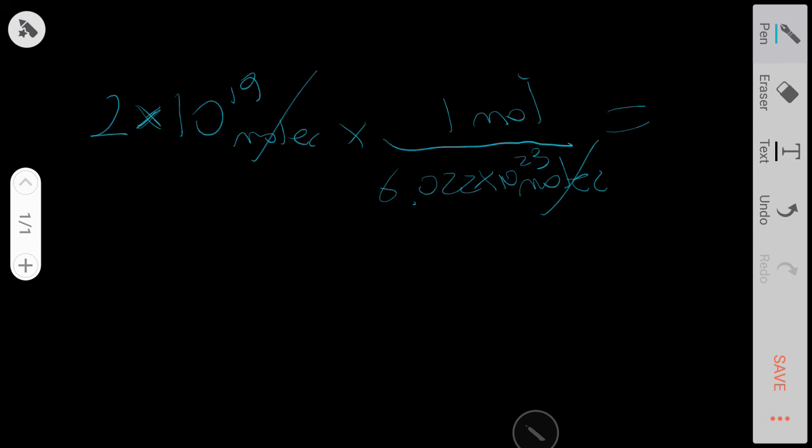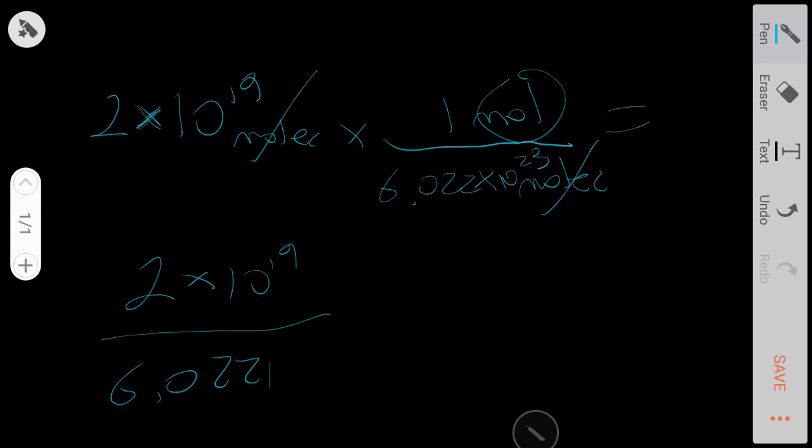Molecules cancel out. I'm left with moles. So we have 2 times 10 to the 19 divided by 6.022 times 10 to the 23rd. And that should give you an answer of 3.32 times 10 to the negative 5 moles.